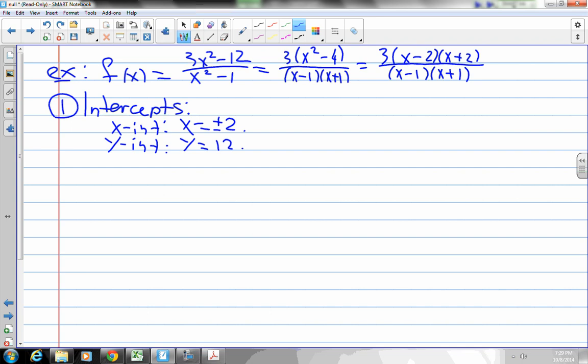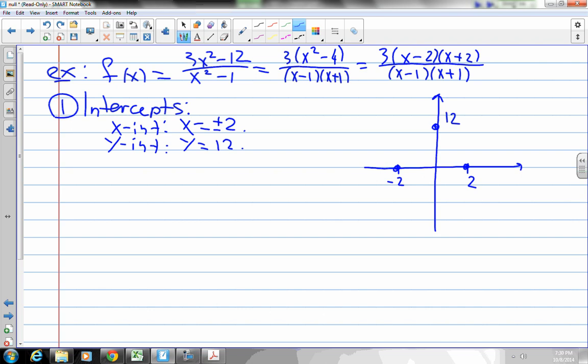Is that okay? It's really easy with rational functions. The numerator gives you the x-intercepts, and then ignore all the x's. They'll give you the y-intercept. So let's say that's 12, and this is negative 2, and this is positive 2. Okay, so these are my intercepts.